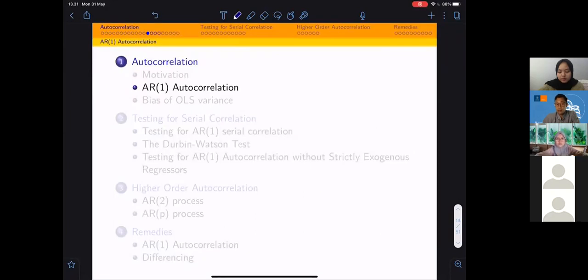All right, I'm going to open the floor for questions and clarification before I go and discuss the definition of the AR1 autocorrelation. Go ahead. Okay, all right, I'll continue.